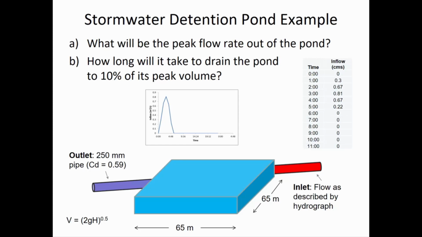What I hope you remember from fluid mechanics is that in the orifice equation, we measure from the center of the orifice, and H is the distance from the water level to the center of the outlet. That is what would tell us the velocity of the flow outward.